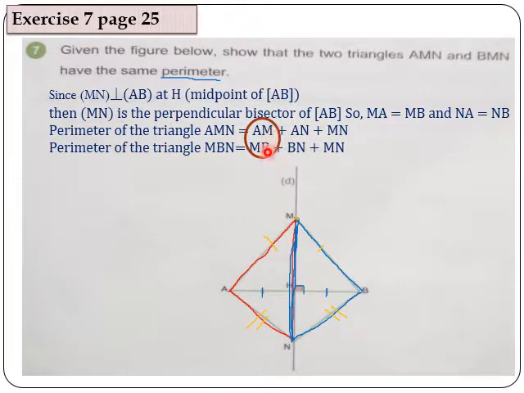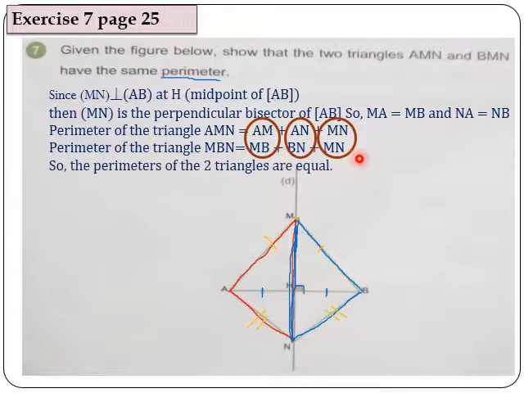AM equals MB and AN equals BN. I proved it here. MA equals MB and NA equals NB, and MN is a common side. So, the perimeters of the two triangles are equal.